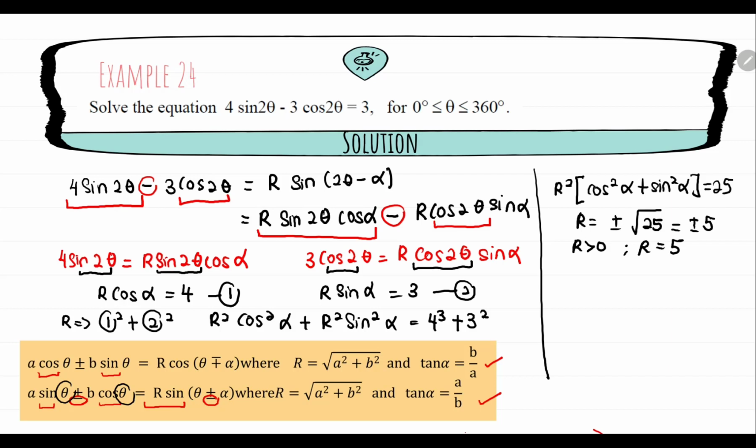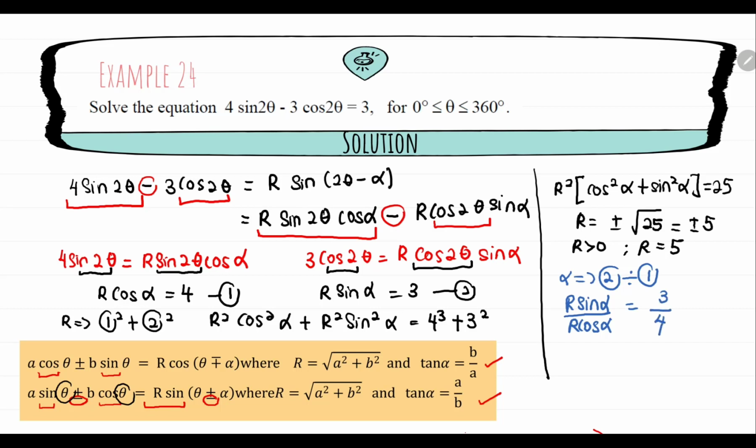Next, we're going to find the value of α. To find the value of α, okay, we're going to take equation 2 divide by equation 1. So equation 2, R sin α divide by R cos α equals 3 divide by 4.